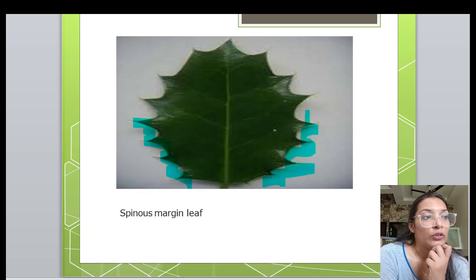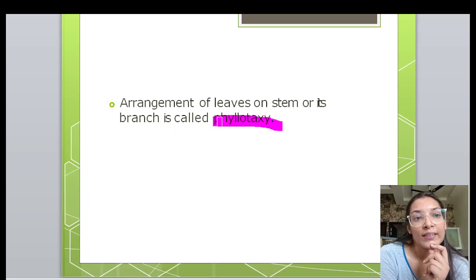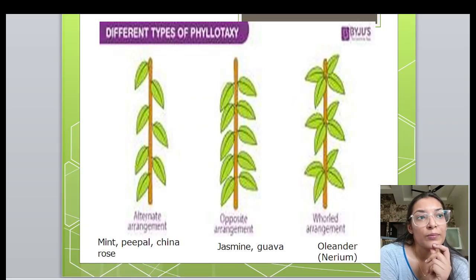All right, so next we have the arrangement of leaf. What is the term used for arrangement of leaves on stem? It is called phyllotaxy. What is phyllotaxy? Suppose there is a stem. Here you can observe different types of stem.